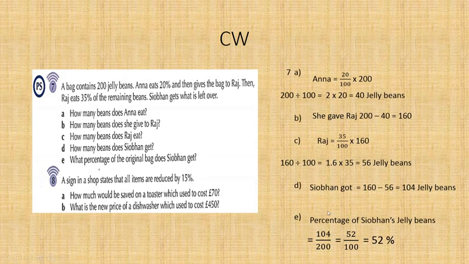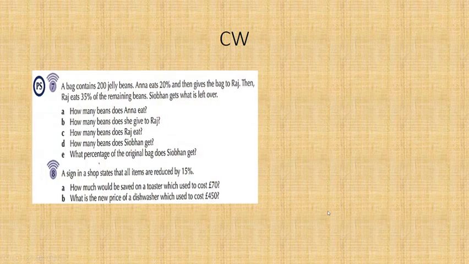Okay, so let's go to question number 8. Question number 8 says that a sign in a shop states that all items are reduced by 15%. Question number A, how much would be saved on a toaster which used to cost 70 pounds? So I have to get 15% of 70.